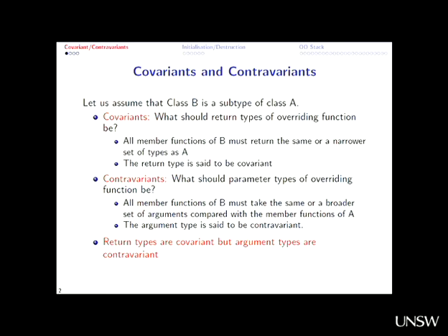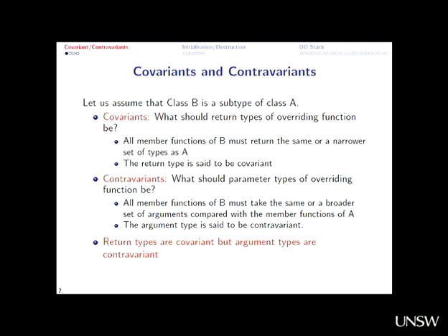So what that means is, say we have the net price function on class Book, and we've got the net price function on class DiscountedBook. The net price function on class Book might return a double. The net price function on DiscountedBook might return some class that itself extends double and has a limited or smaller range.